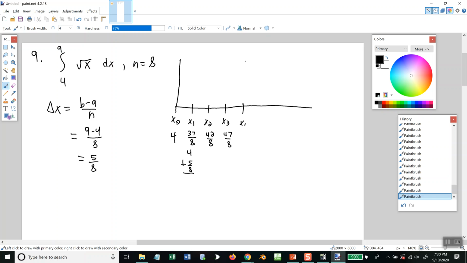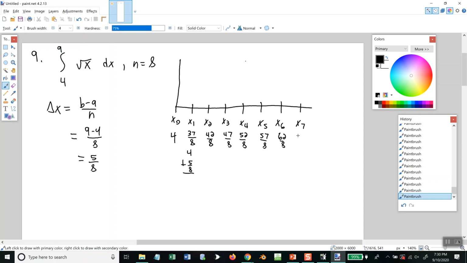My next one, x4, I'll add another 5/8, which is 52/8. Next one, I'll add 5/8, which is 57/8. X6, another 5, that gives me 62/8.